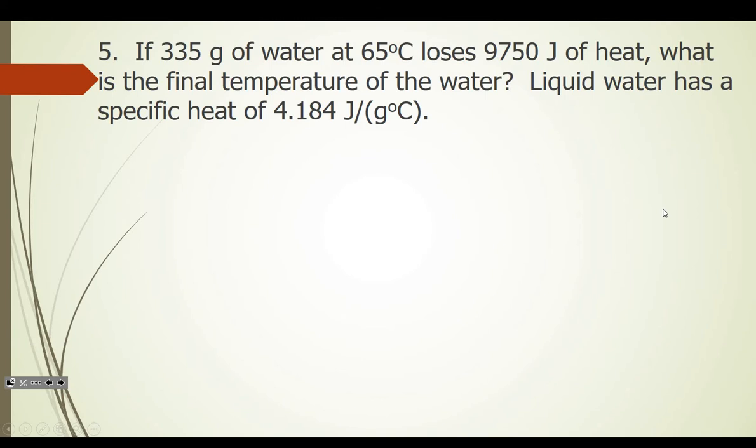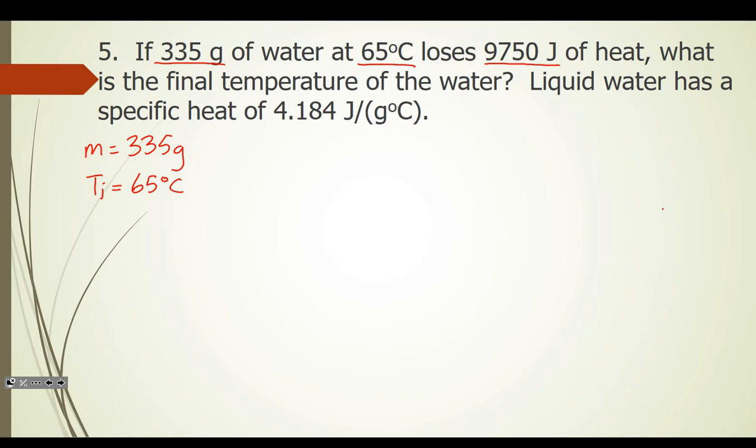Okay, they're not hard, but they're a little bit different. So again, we're going to go through. What's this first number? Mass. Good. So mass is equal to 335 grams of water at 65 degrees Celsius. Loses, what is this number? What do we measure in joules?